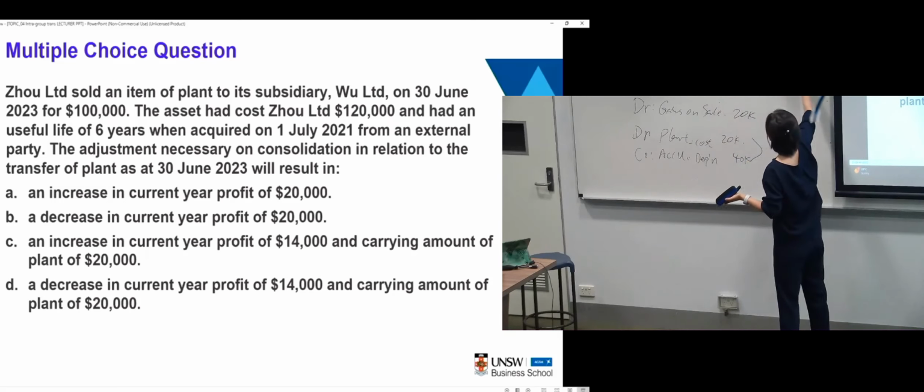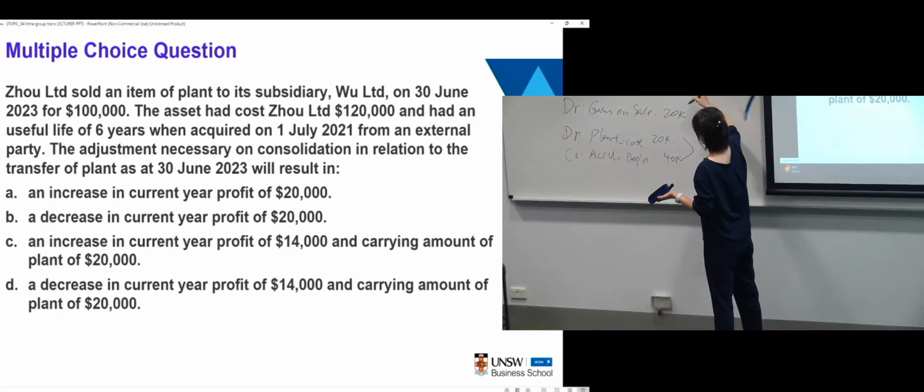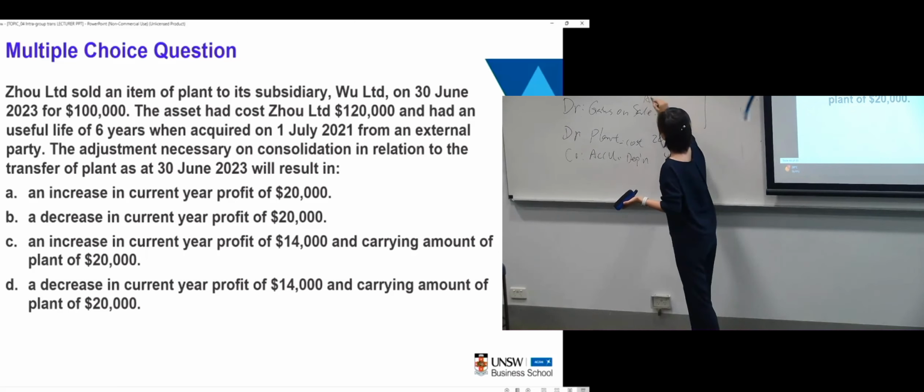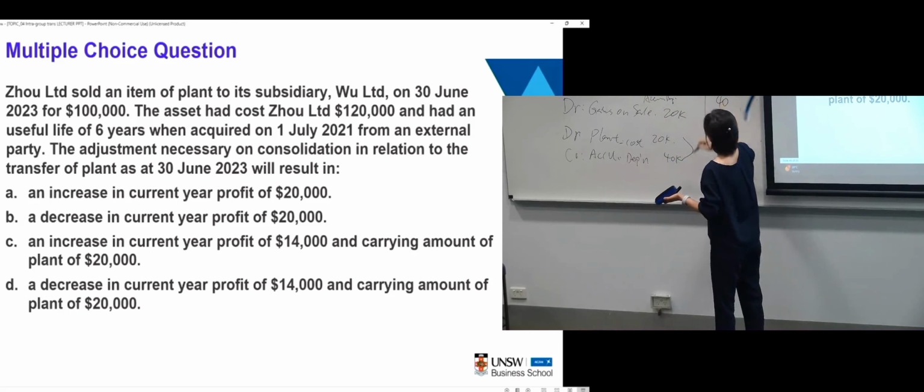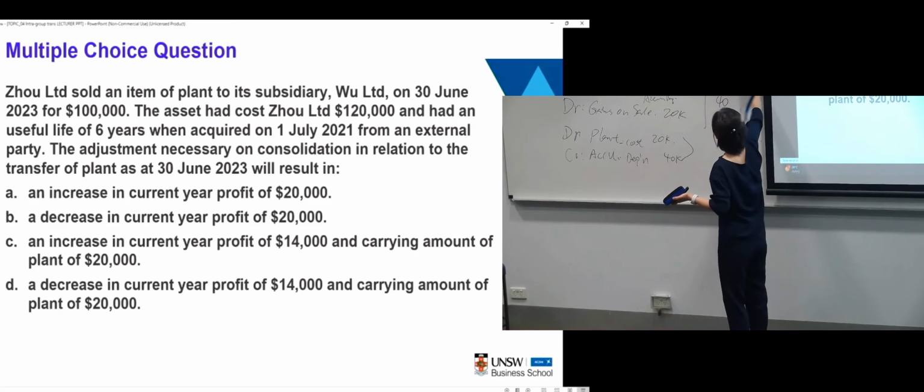What's your adjustment here? You adjust 20, right? Here, on the debit. And you adjust accumulated depreciation, 40, right? So here, the group position now is 120 minus 40,000 accumulated depreciation, which is equal to 80.